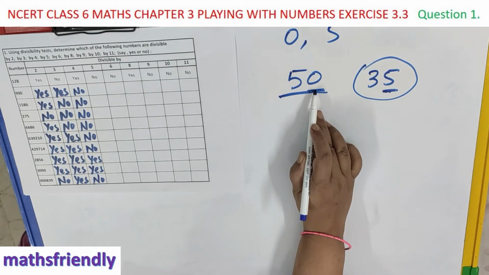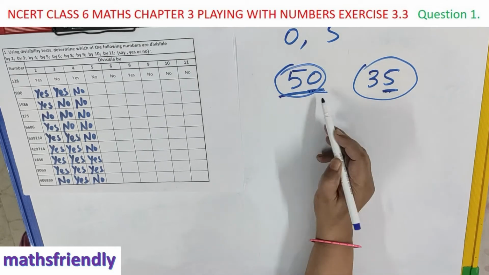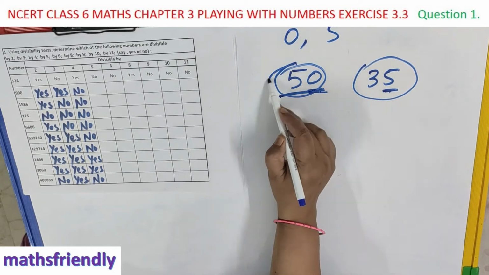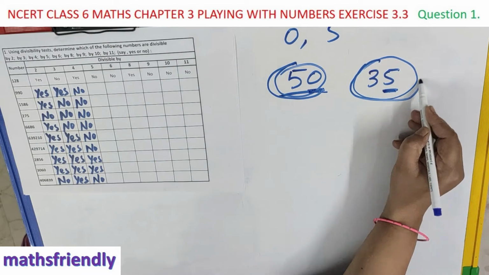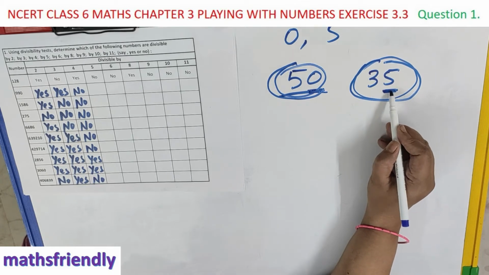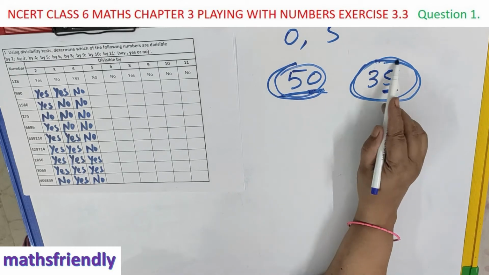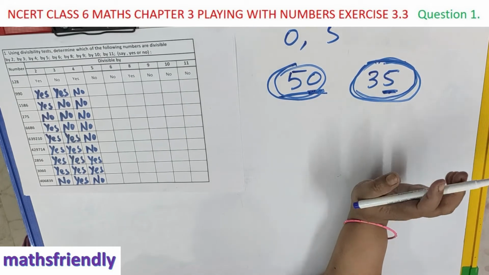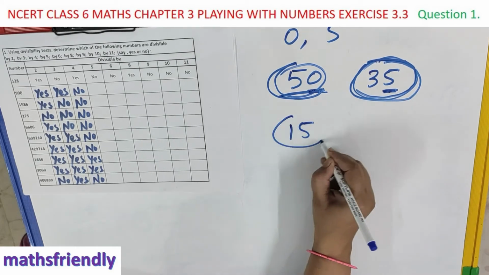What digit is there in the units place? If the units place of the given number has 0, then the number is divisible by 5. If the number is 35 and the units place has 5, then we can understand that this number is divisible by 5. Like 15, is it divisible by 5?